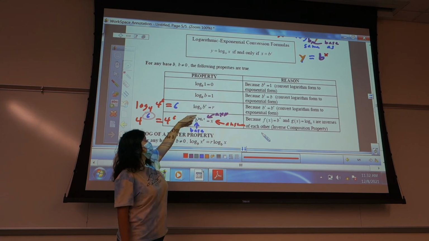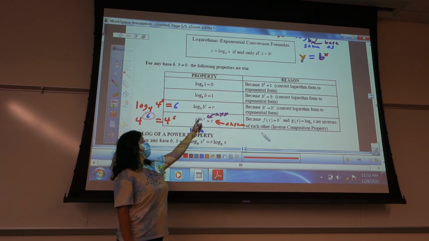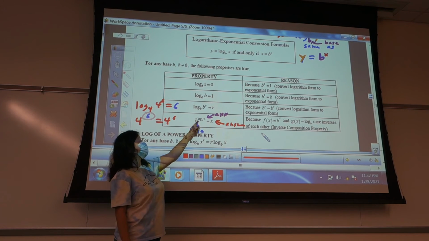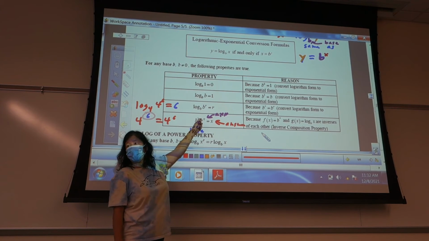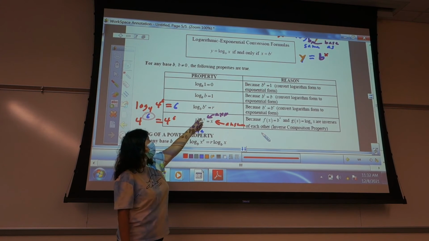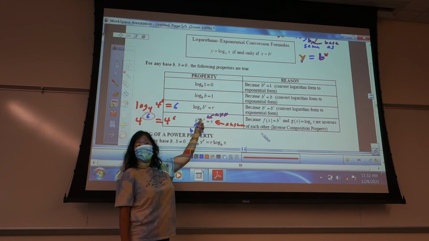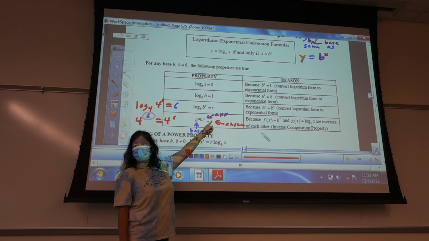So what's the difference between these two? This is a log function. Does anyone see that? It says log in it. This is an exponent. We have something raised to a power equals something. So this is my base. This whole bit is my exponent. That's my answer.